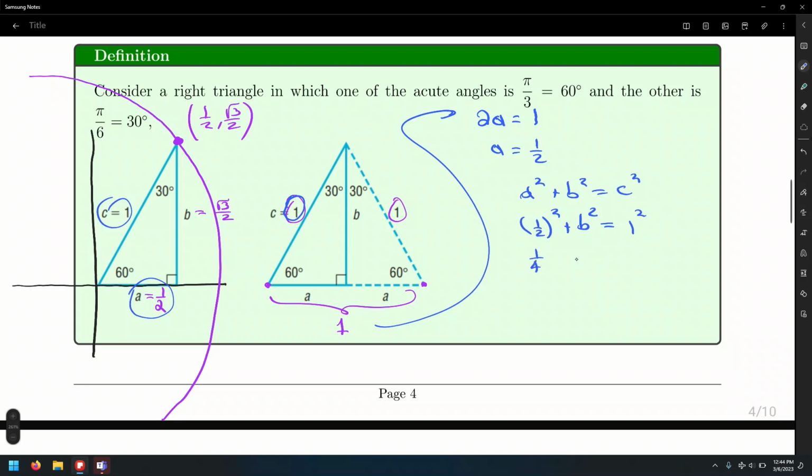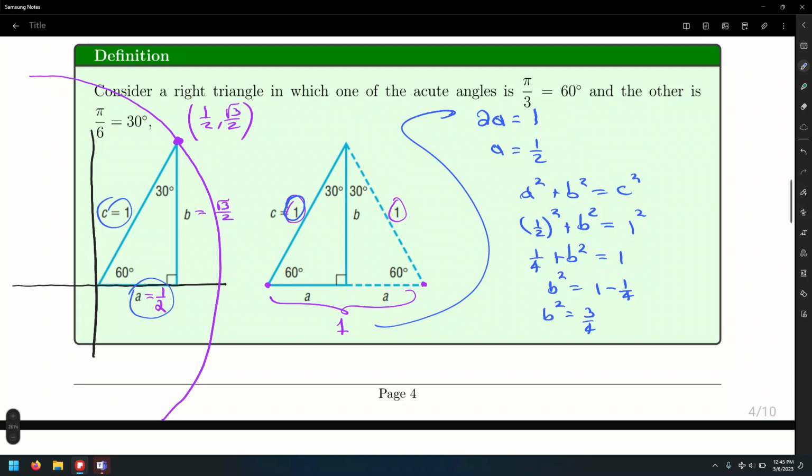So that's 1/4 plus B squared equals 1. Let's subtract 1/4 from both sides. That's going to be B squared equals 1 minus 1/4. That's the same as saying B squared equals 3/4.